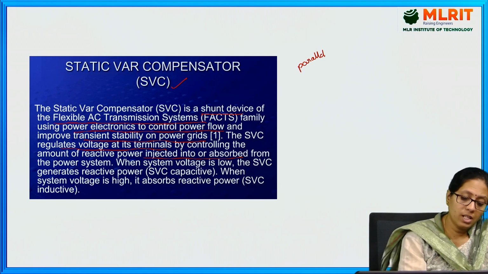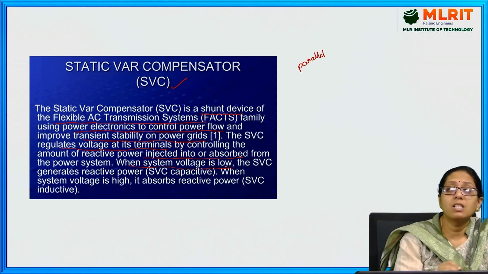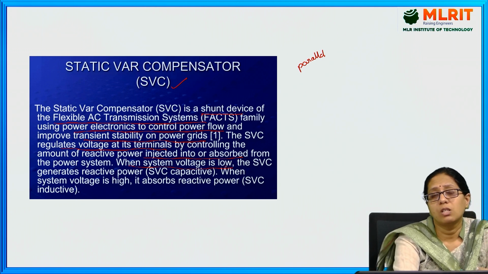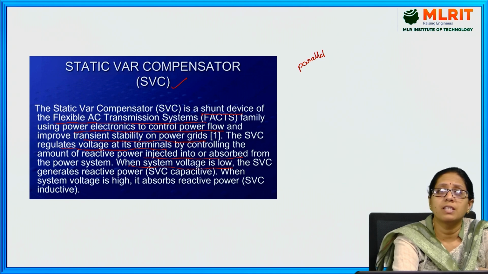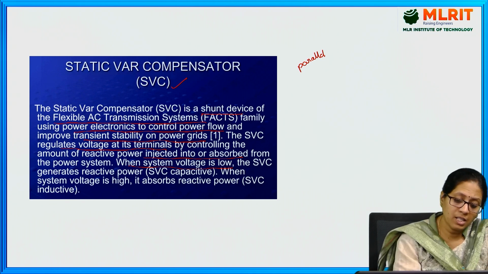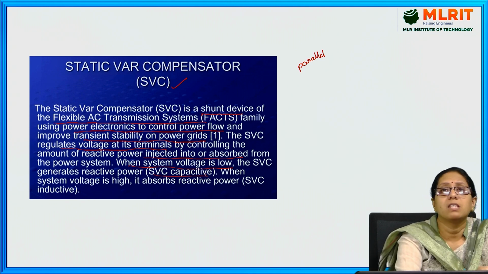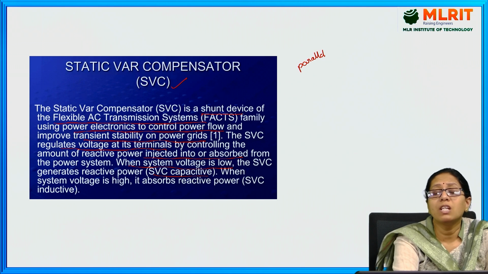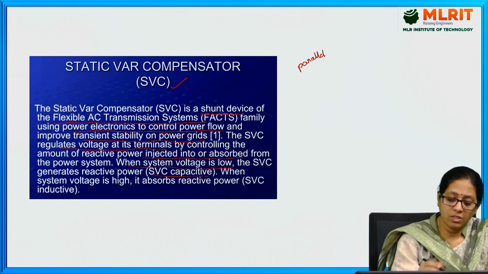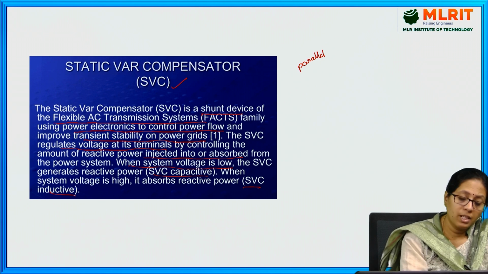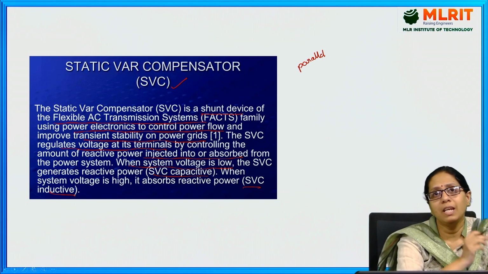When the system voltage is low, the SVC generates reactive power, that is SVC capacitive. And when the system voltage is high, it absorbs the reactive power, which is inductive. That means in both ways it is being used.